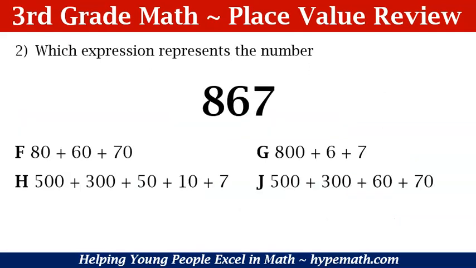Problem number 2 says, which expression represents the number 867? F is 80 plus 60 plus 70. G is 800 plus 6 plus 7. H is 500 plus 300 plus 50 plus 10 plus 7.